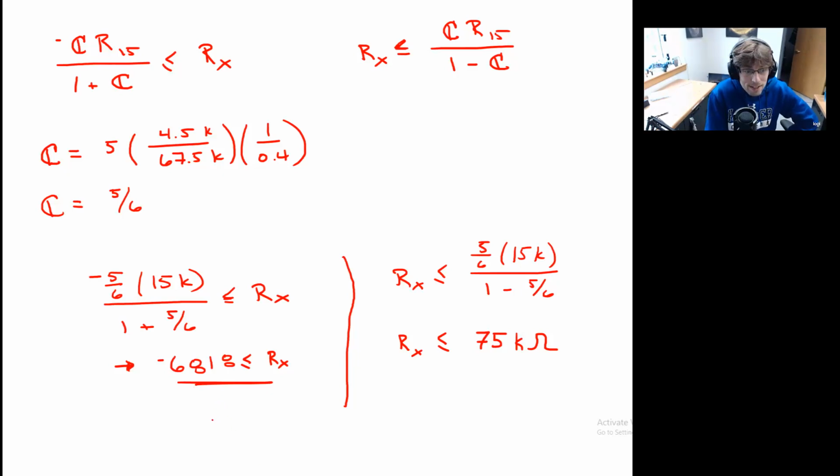So at the end of the day, for the given situation, the range of Rx that is permissible is 0 to 75 kiloohms. That is the saturation limit.